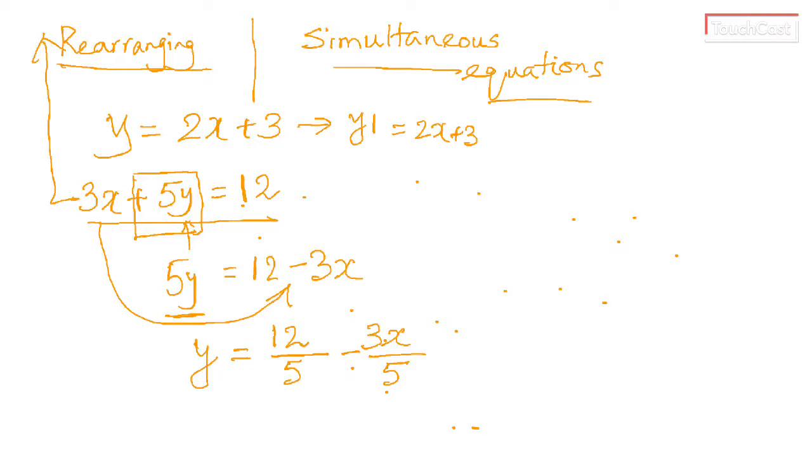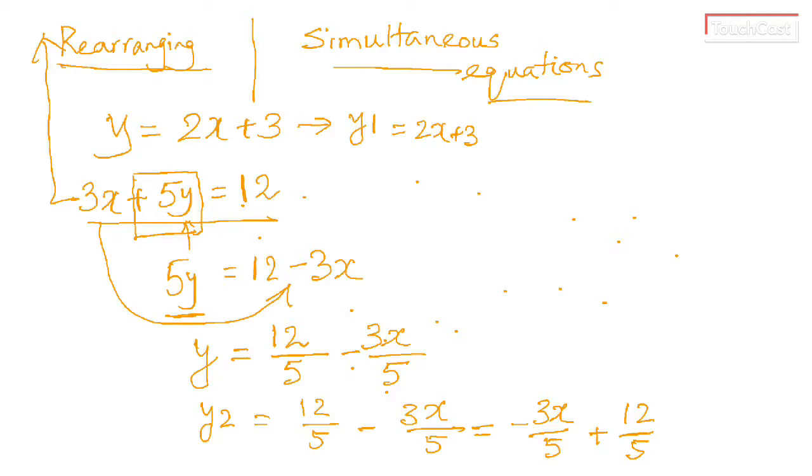Y equals 12 over 5 minus 3x over 5. Now this could be called y2 equals 12 over 5 minus 3x over 5. Well, if you have a bit of knowledge about algebra, you can write it as negative 3x over 5 plus 12 over 5. In fact, nothing changes.